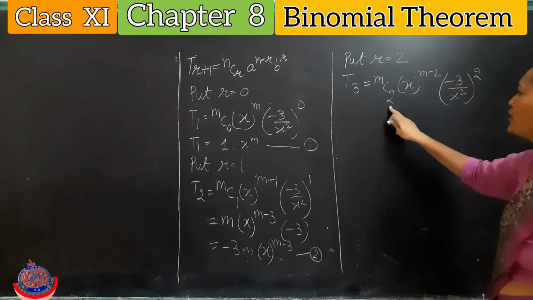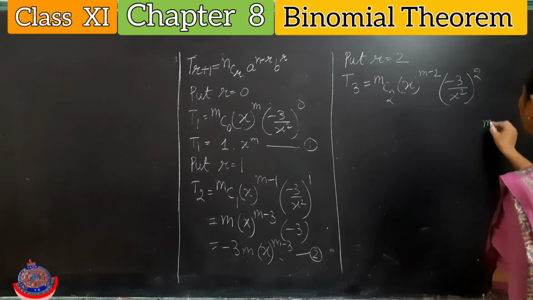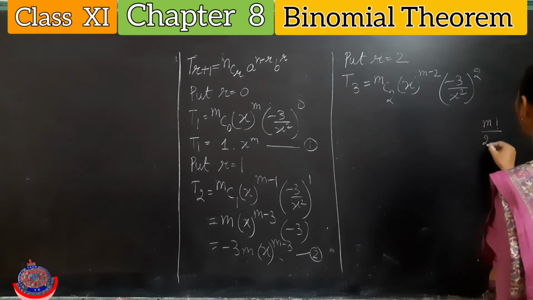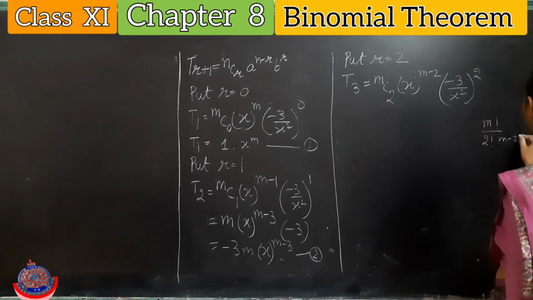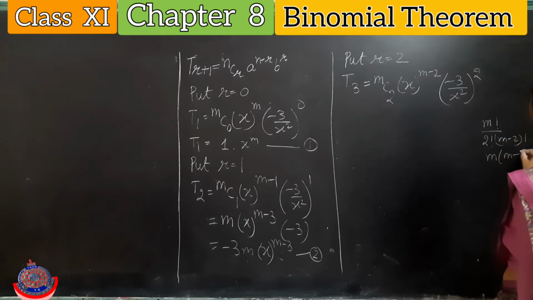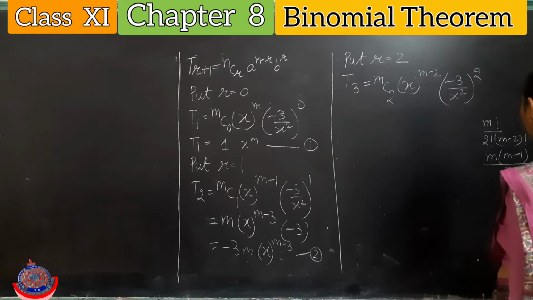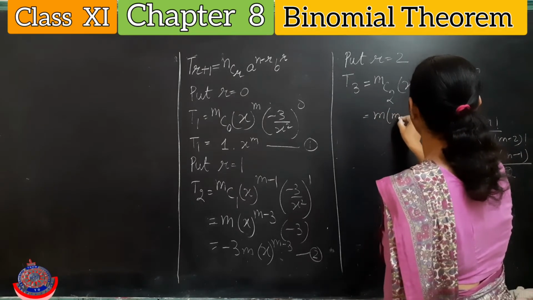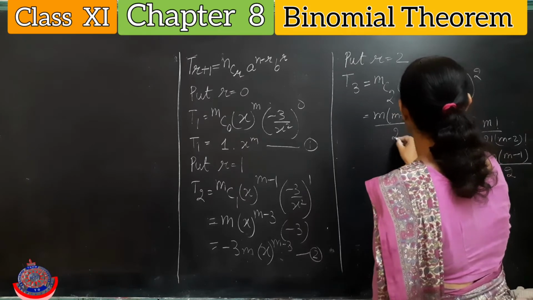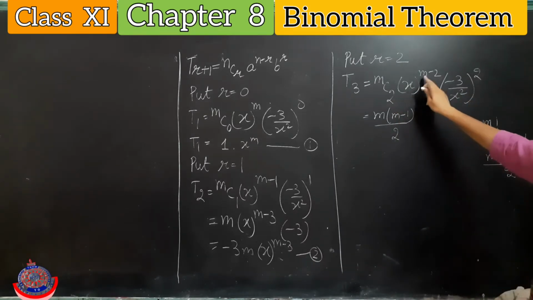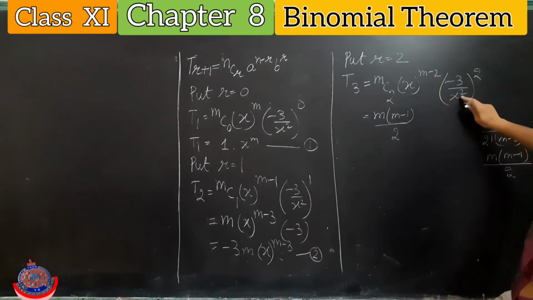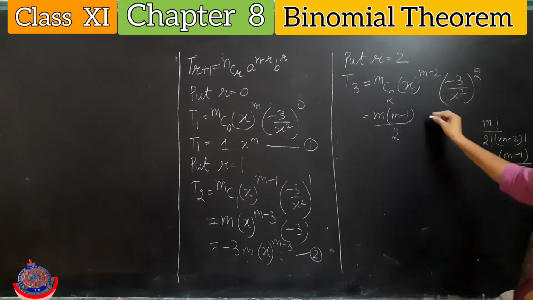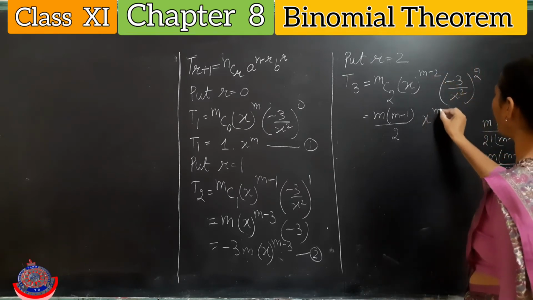Now mC2 will give us m factorial upon 2 factorial (m minus 2) factorial, that means m(m minus 1) upon 2. x has m minus 2 and from here 2 twos are 4, so it will become x power m minus 6.